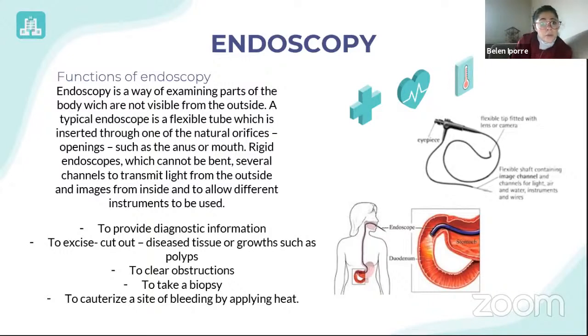Rigid endoscopes have several channels to transmit light from the outside and images from inside, and to allow different instruments to be used to provide diagnostic information, to excise, cut out diseased tissue or growths such as polyps, to clear obstructions, to take a biopsy, to cauterize a site of bleeding by applying heat.